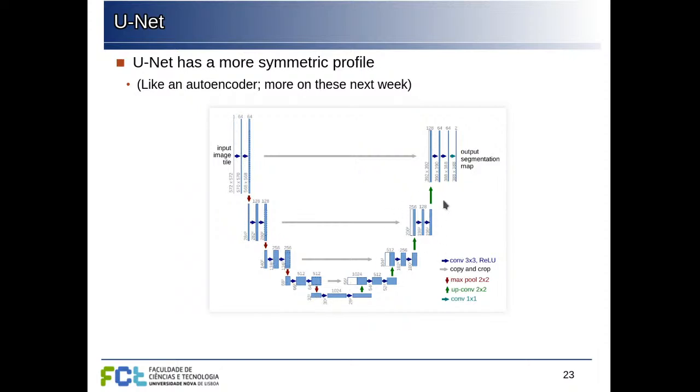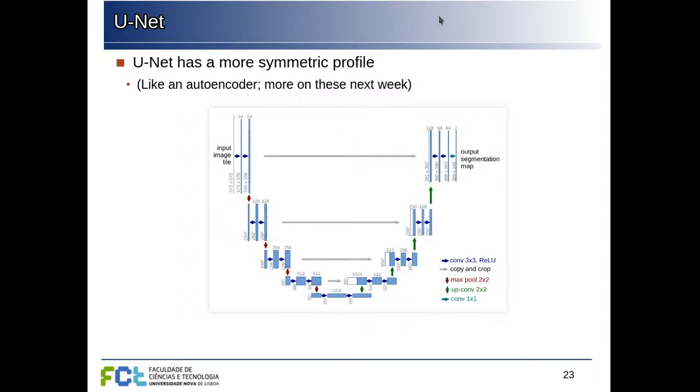So when we are at this stage, for example, we are getting as input the output of these convolutions here after upsampling, and combining that with the feature maps that were produced at this part of the network. So it's going like this over the U, but it also has these connections that skip the intermediate stages.